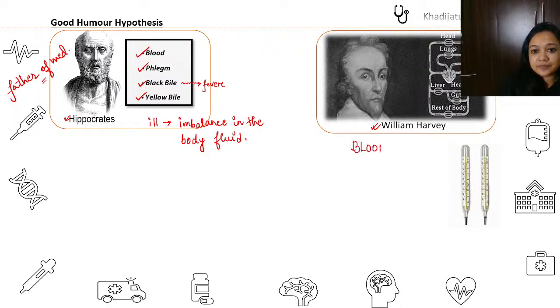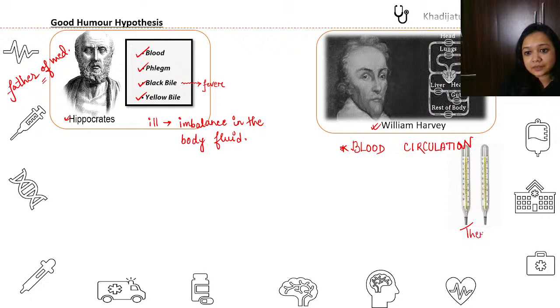Blood circulation is something in which the blood moves from our head to toe and is pumped through our body, circulating in our entire body. And he also used the thermometer for the first time.